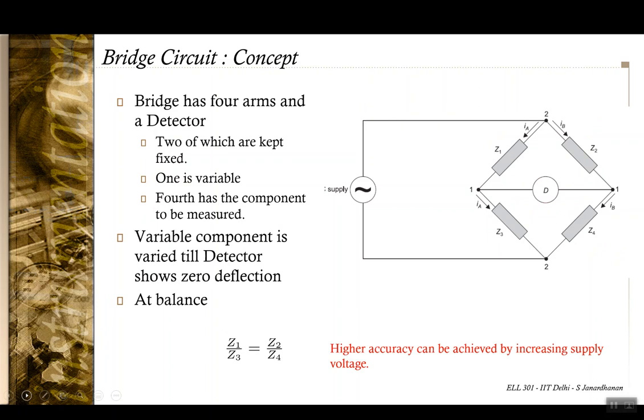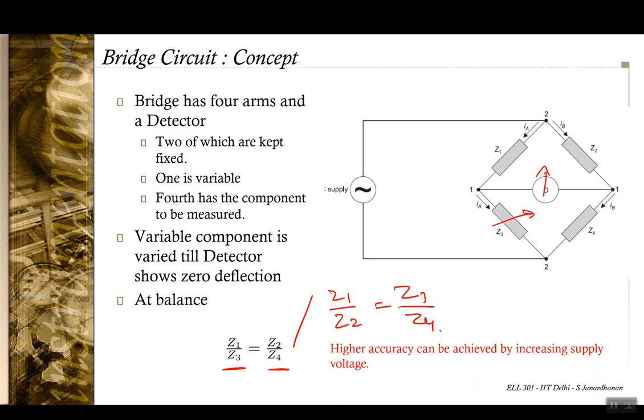Now the variable component, in this case Z3, is varied until the detector shows zero deflection. When this happens, you have the relationship that Z1 by Z3 is Z2 by Z4, or Z1 by Z2 is Z3 by Z4. Both relationships could be used, whichever suits better.